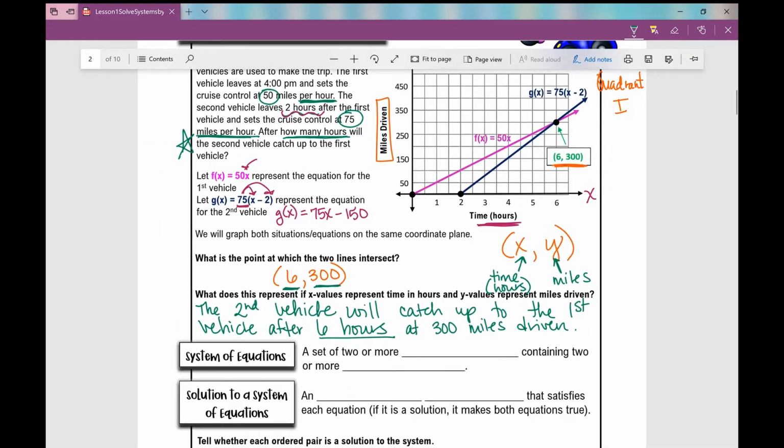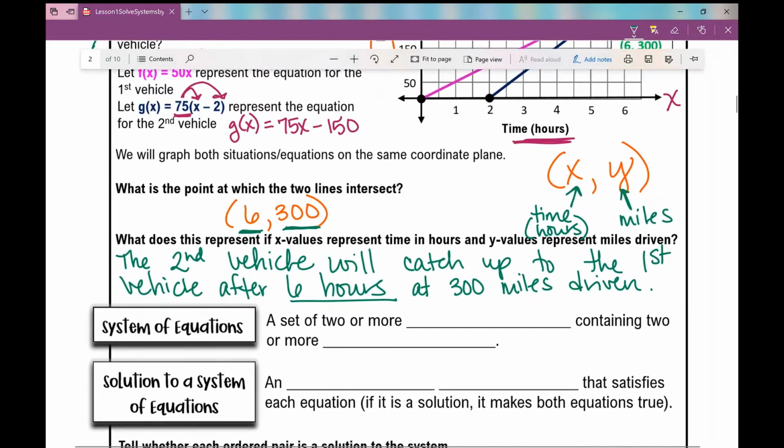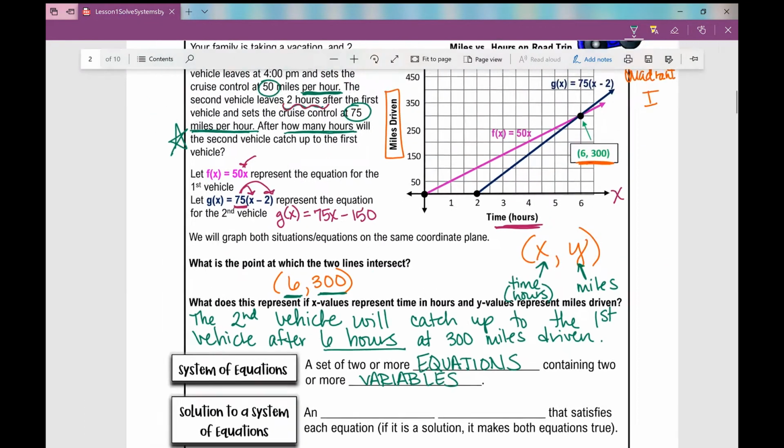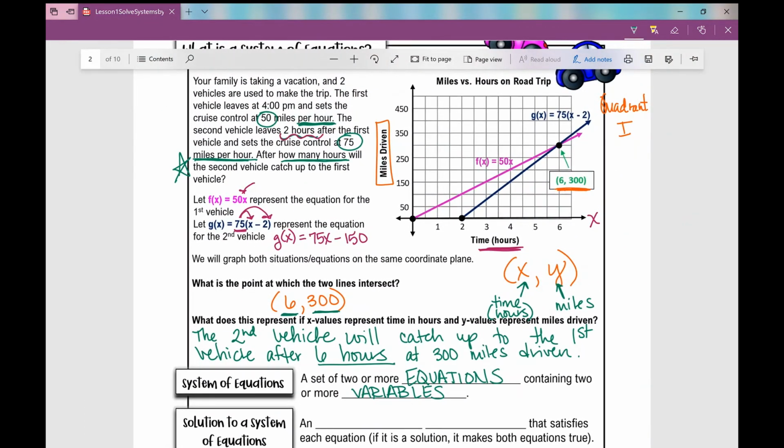A system of equations is a set of two or more equations containing two or more variables. Notice, we're graphing these on a coordinate plane because we have two variables. We have an x variable and a y variable.